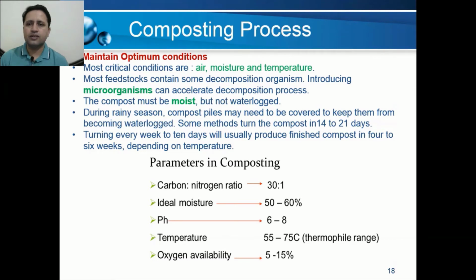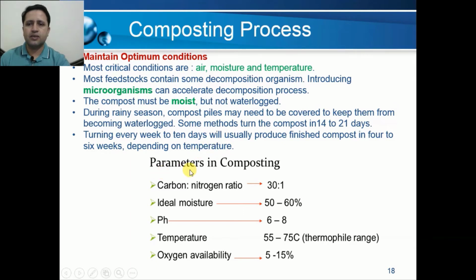During the rainy season, compost piles may need to be covered to keep them from becoming waterlogged. Some methods turn the compost in 14 to 21 days, and turning every week to 10 days will usually produce finished compost in 4 to 6 weeks, depending on the temperature.